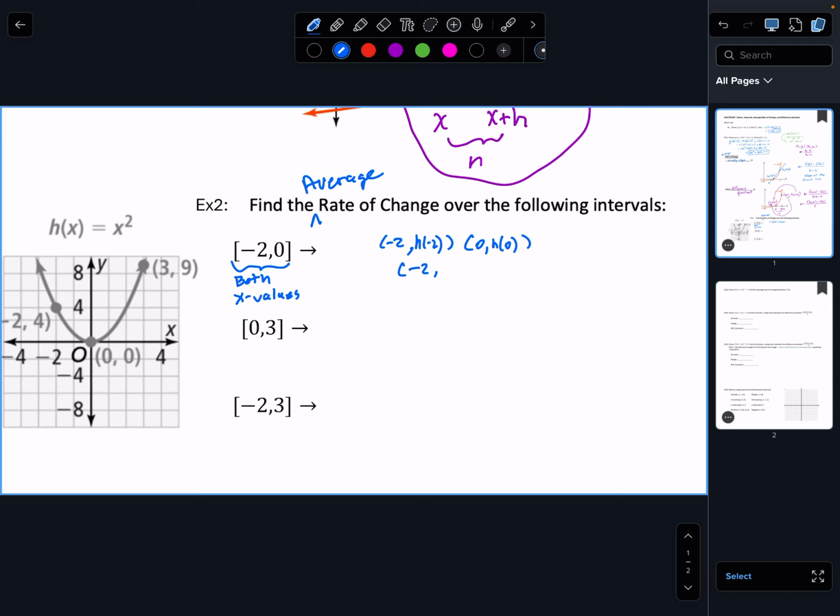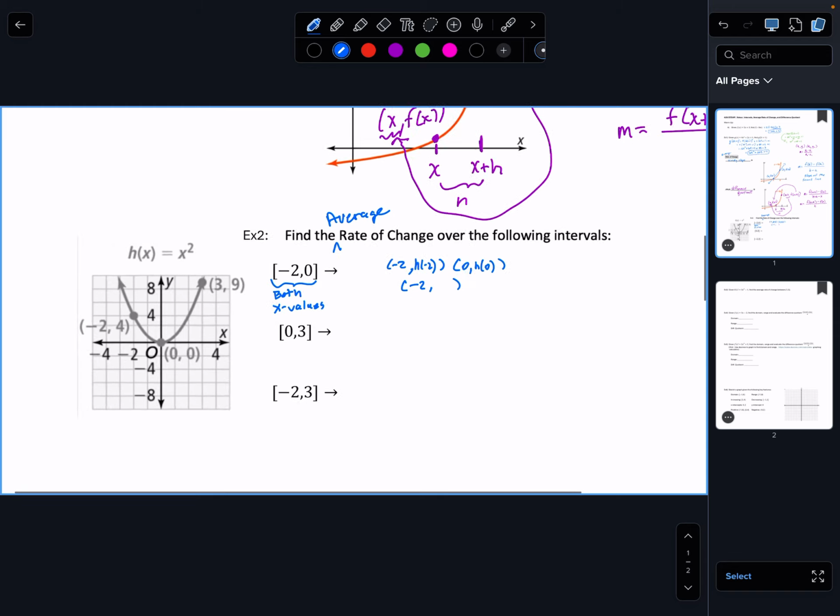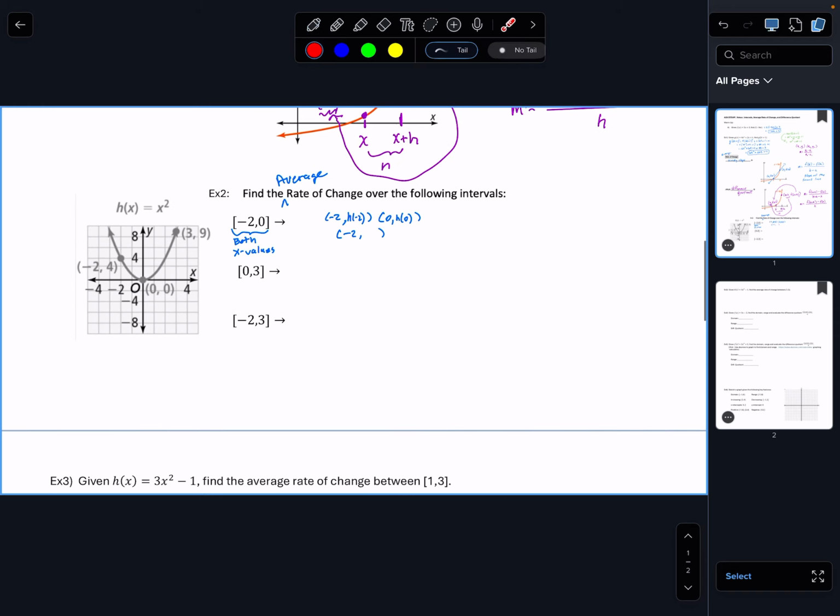But you have two ways of finding the y. They have already given you that at -2, the y value is 4. They have already given you that when x is 0, y is 0. So you can just get it from the graph, but they give you the equation, and if you square -2, you get 4. If you square 0, you get 0. So you have options there for figuring out that this is 4 and this is 0.